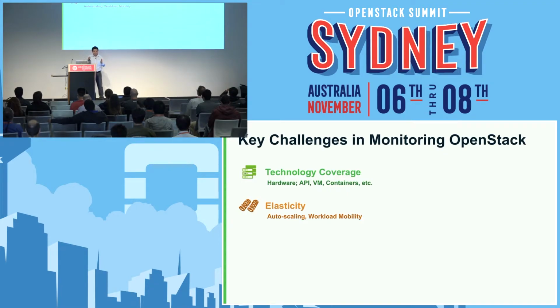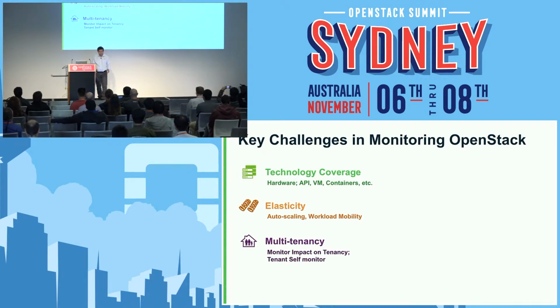When you scale back in, you want to make sure the monitoring tools do not think the retired resource is having a problem. It's actually part of the scale-in operation. So this also requires the monitoring tool to be smart enough to keep track of that as well.